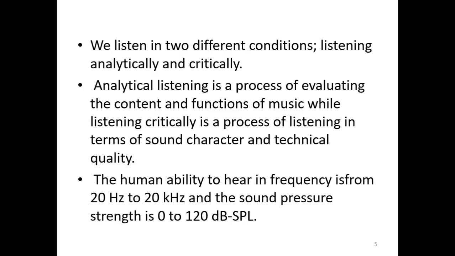And also when we listen, there are two conditions. How do we listen? We listen analytically and also critically. What is analytical listening? It's a process of evaluating the content and functions of music, while listening critically is a process of listening in terms of sound character and technical quality. So there is a difference between analytical and critical listening.